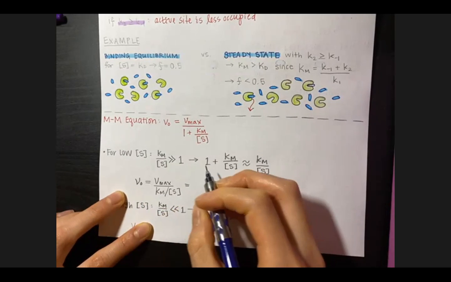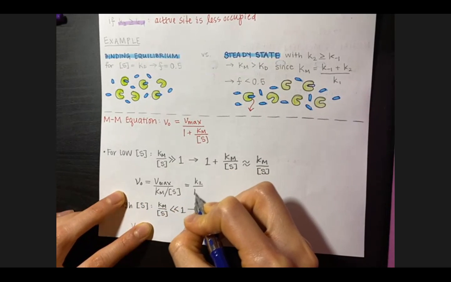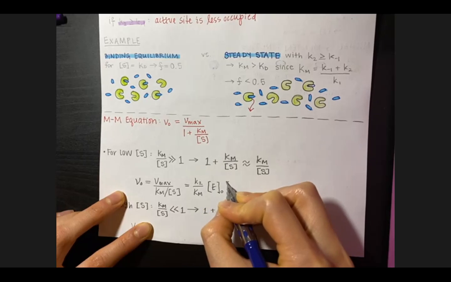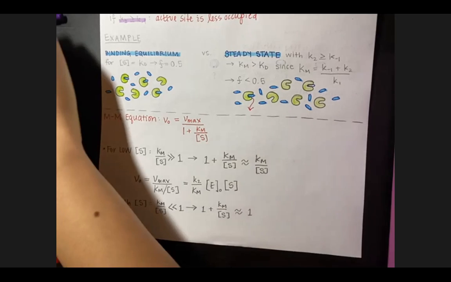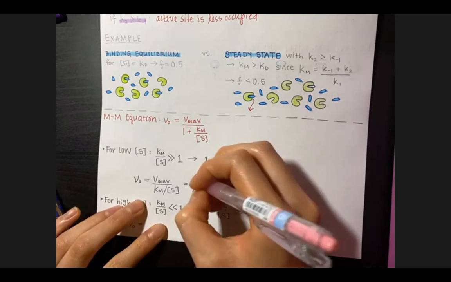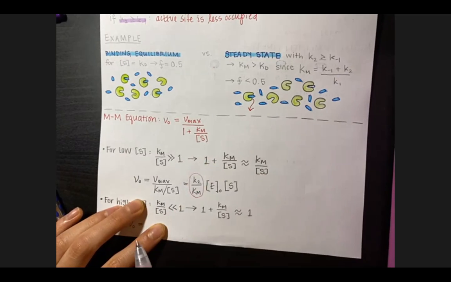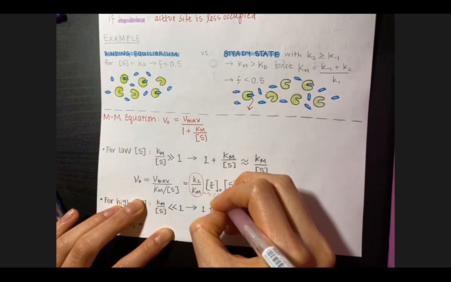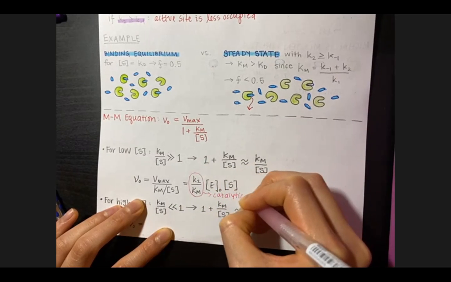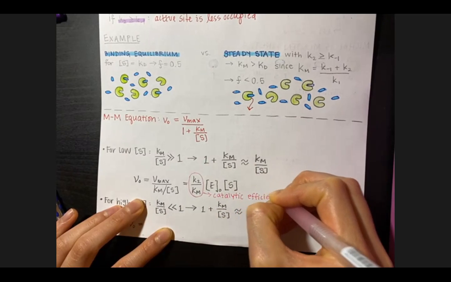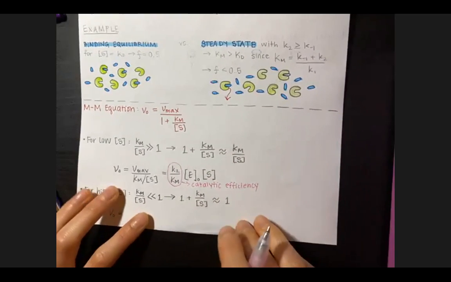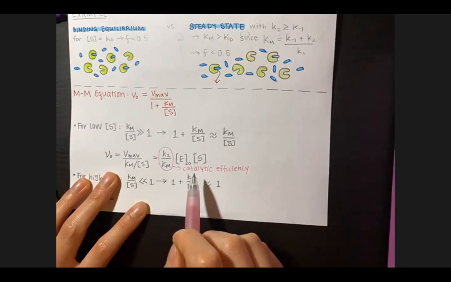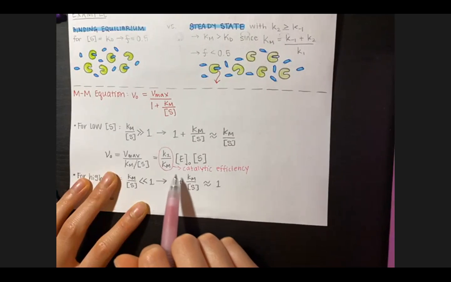And we can rewrite this as this. The reason we rewrite it this way is because this term right here, k2 over Km, is called our catalytic efficiency. It's basically telling you how effective this enzyme is, and it's the second order rate constant for the enzyme catalyzed reaction.